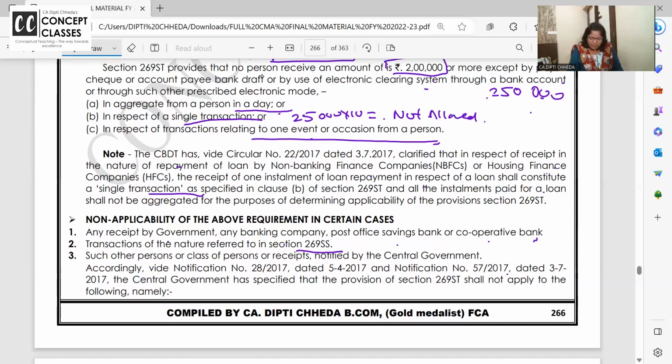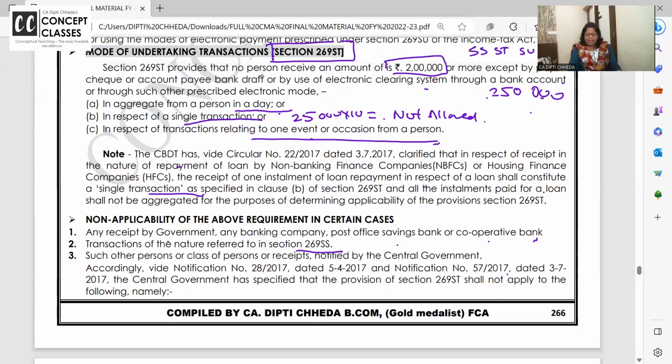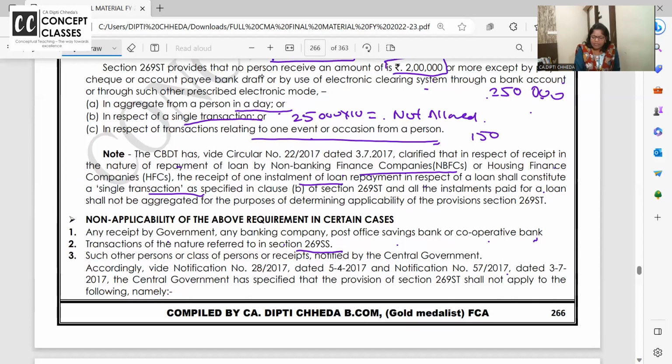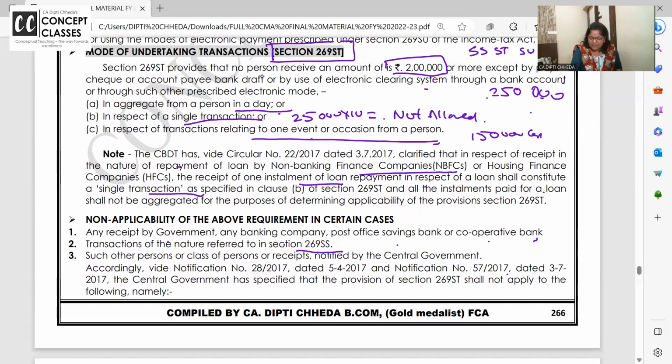So when you have taken a loan from NBFCs, which don't come in routine scheduled nationalized banks, cooperative societies and all, or from a housing finance company, then each loan, if it exceeds 2 lakh, they are caught up. Can I repay a housing loan of 1,50,000 in cash? Answer is yes. Understood? If we don't do it, we will not get the deduction. There are some other sections also where this is caught up.